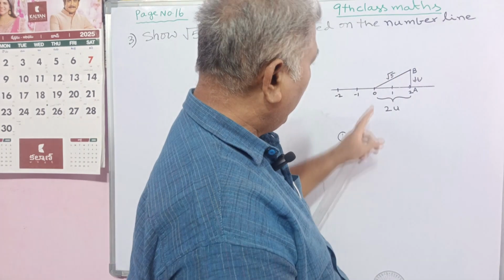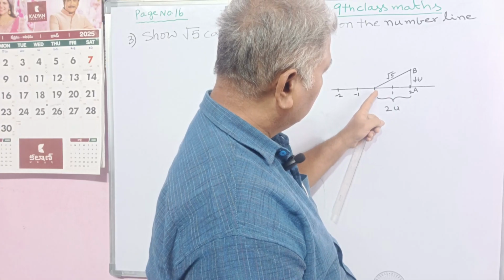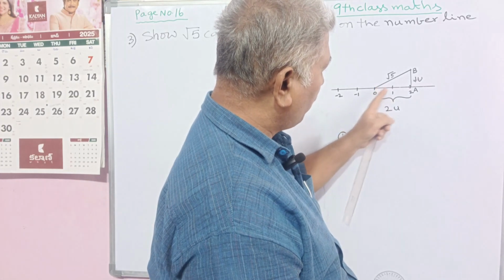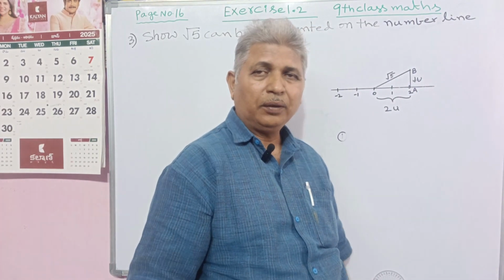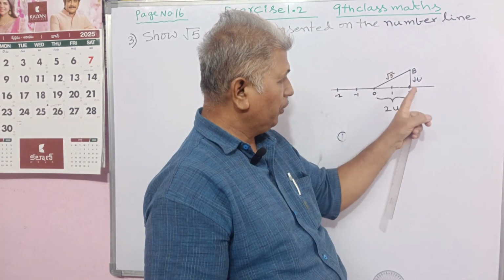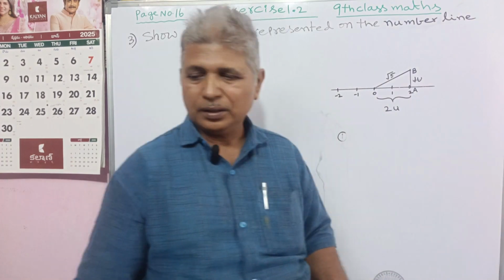But we have to show the point on the number line. We have to show root 5 on the number line.